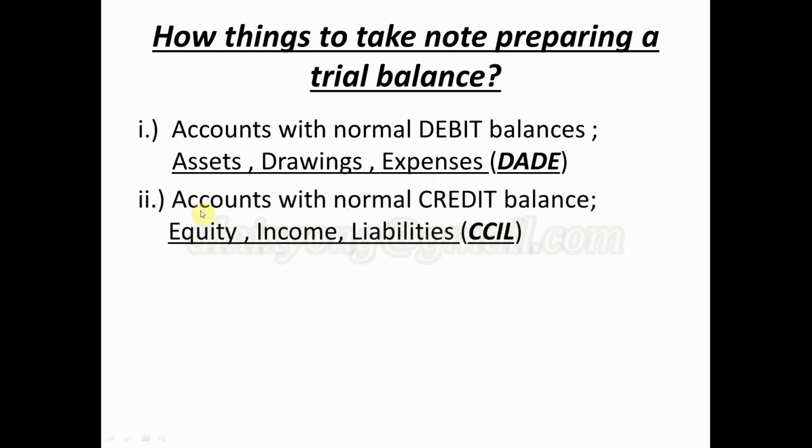Second, accounts with normal credit balance like equity, income, liabilities. I form it as CCIL. C for credit, C for capital, capital equals equity, I for income, L for liability.